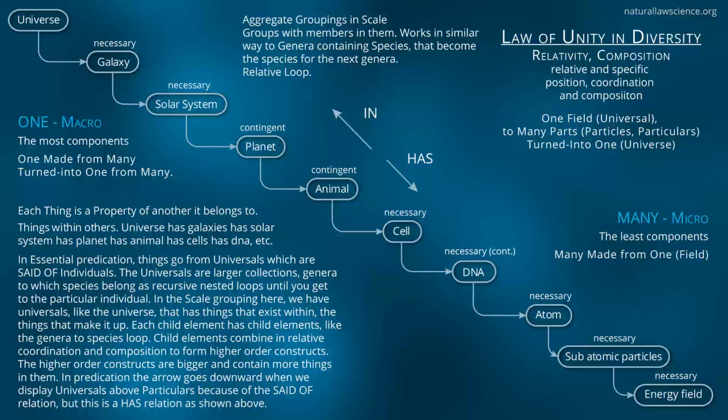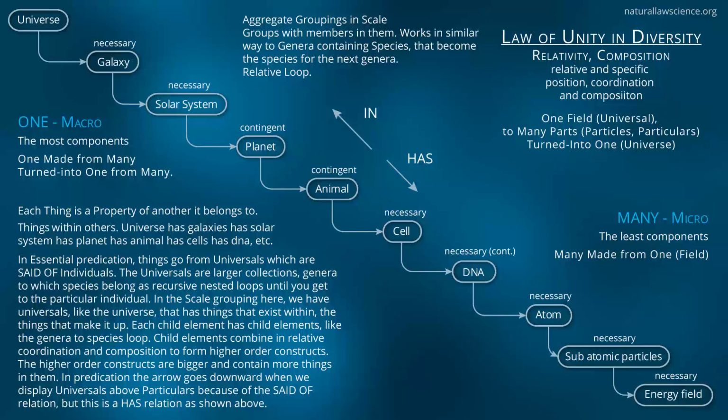If all we had was necessary, then we could apply the said-of and is correlations. We could say the cell is said of animals, the DNA is said of cells, and the animal is a cell, the cell is DNA, DNA is an atom, etc., etc.